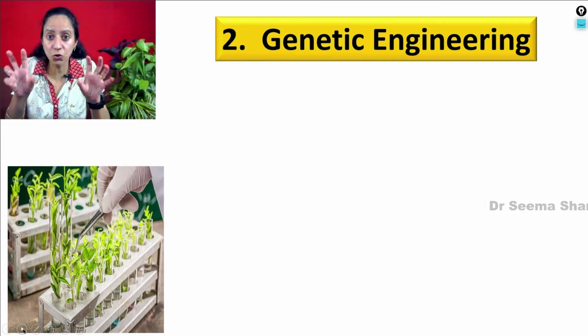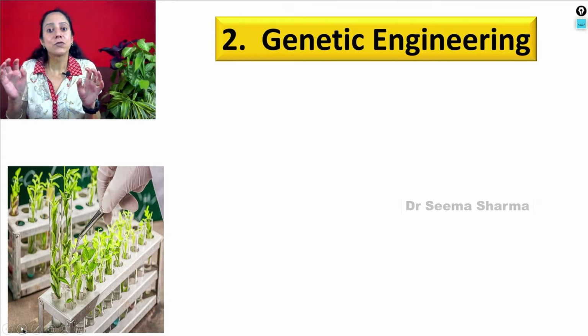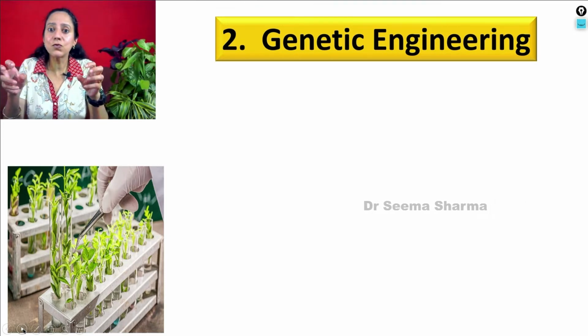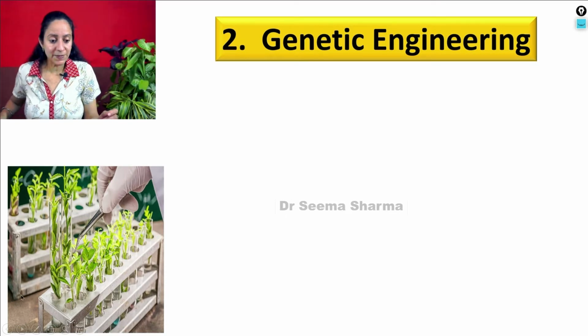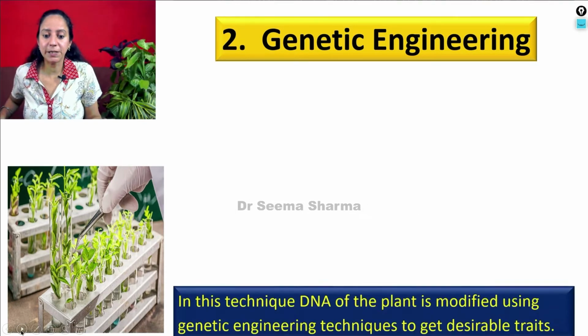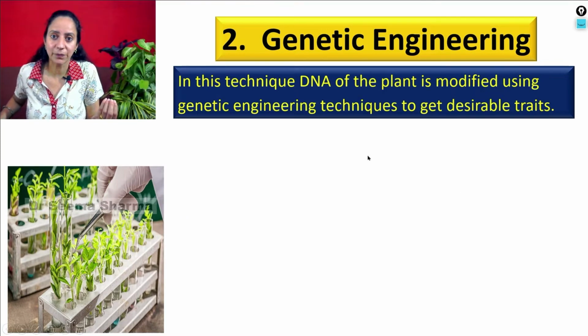Both should have some good qualities which they want to combine to come up with a new variety. So instead of the plants, they are using their cells and starting with their genetic material. So in this technique, the DNA of the plant is modified using genetic engineering techniques to get desirable traits.